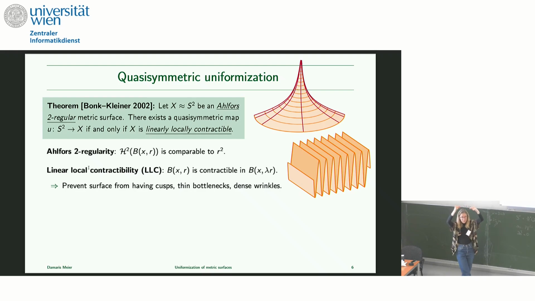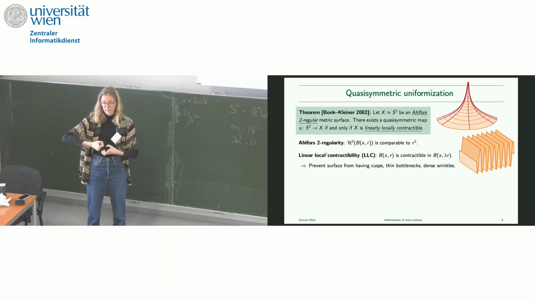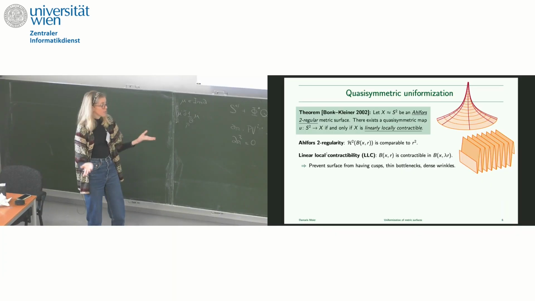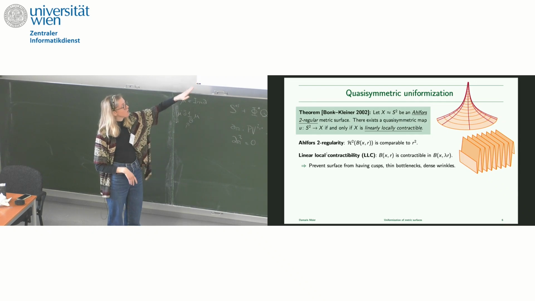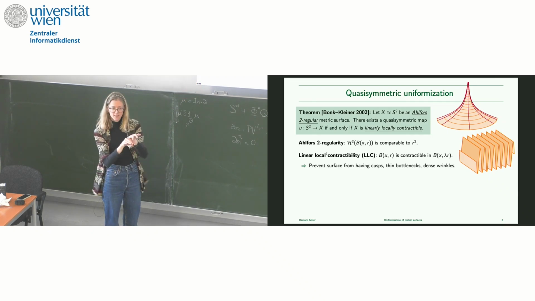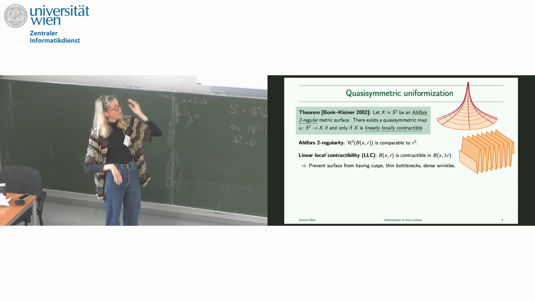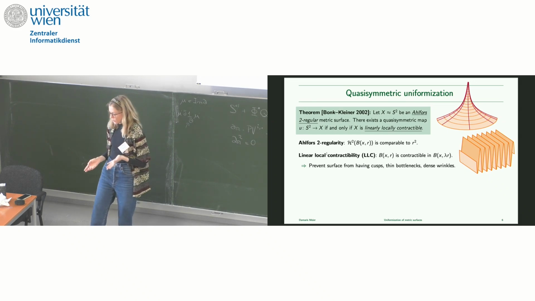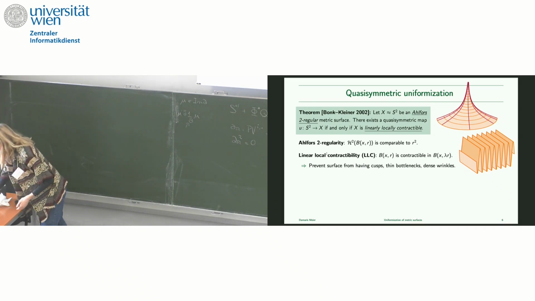By metric ball, I mean all points with distance less than r. So it will go all around the cusp, and you can't contract one topological annulus inside another one. So this condition prevents these things, also thin bottlenecks, something very similar, and also dense wrinkles. So in some sense, it's also a connectivity condition.